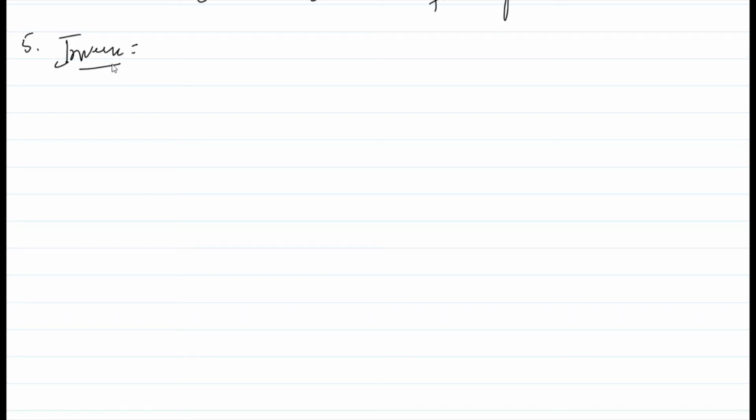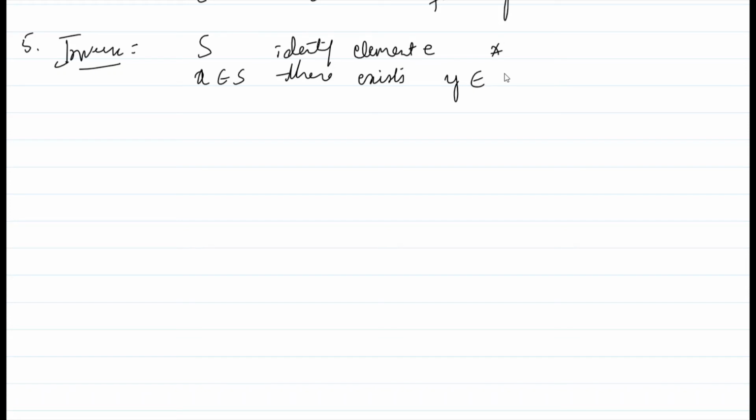A set S having the identity element E, with respect to binary operator star, is said to have an inverse if for every x which belongs to S, here x is the element which belongs to set S, there exists y, one more element which belongs to S, such that x star y gives E. This is the inverse law.